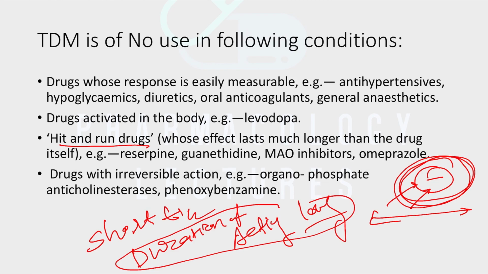So the drug hits and runs out of the body, and that is why it is called a hit and run drug. It hits its target and gets out of the body, but its action lasts for a longer time.